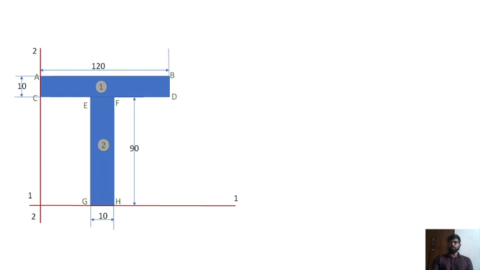Now the area of rectangle 1, A1, is equal to length into breadth, that is 120 into 10, 1200 mm square. Similarly, the area of rectangle 2, A2, is equal to 90 into 10 mm, that is equal to 900 mm square.